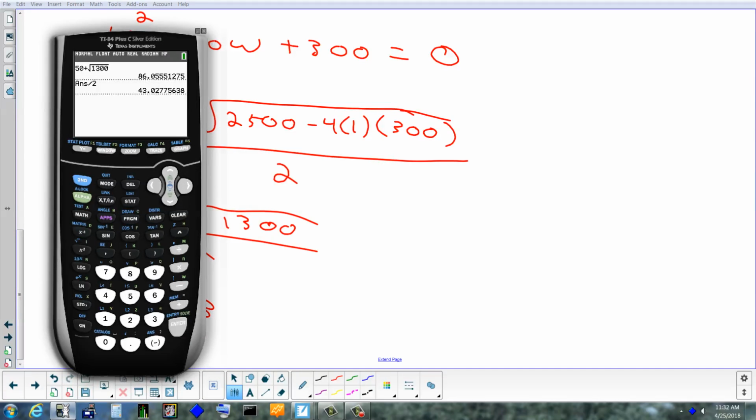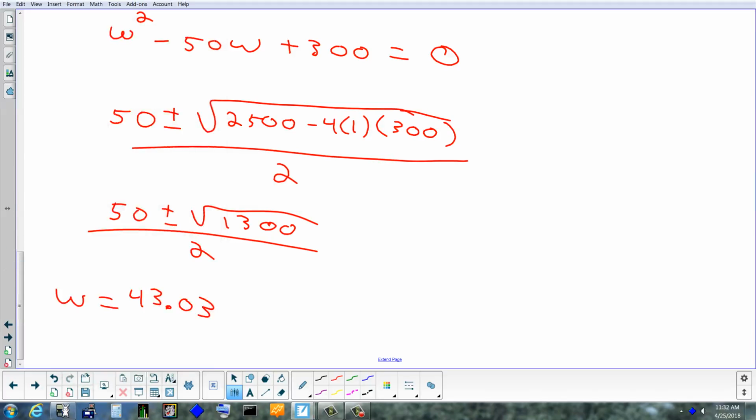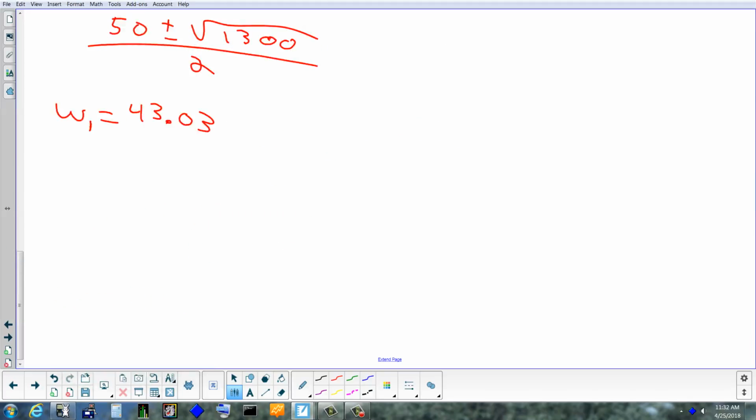Let's do 50 minus the square root of 1300 and divide by 2. There is a second answer. The width is 6.97. So let's call this my first answer. And let's call this one my second.